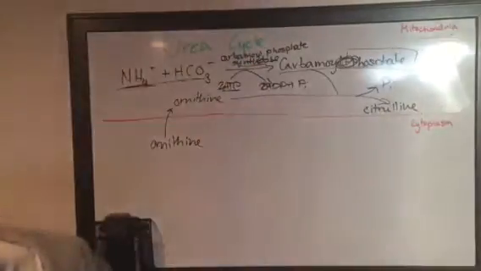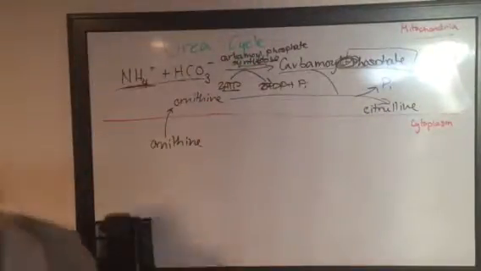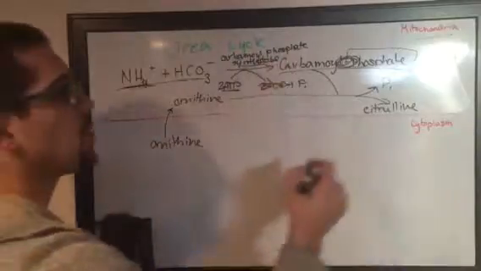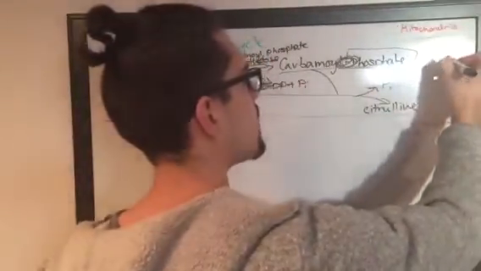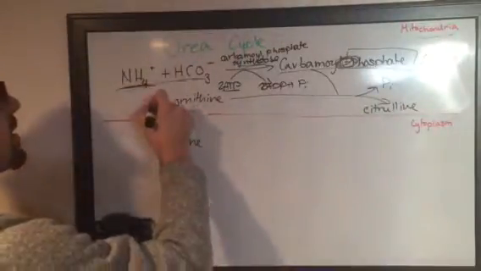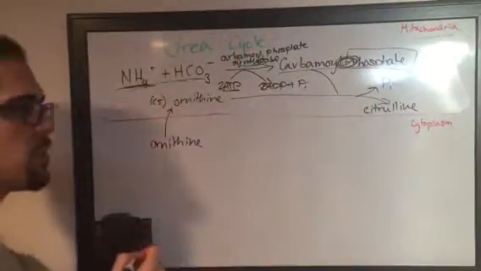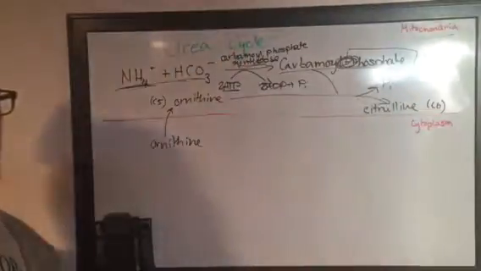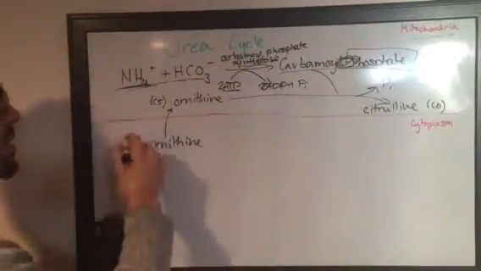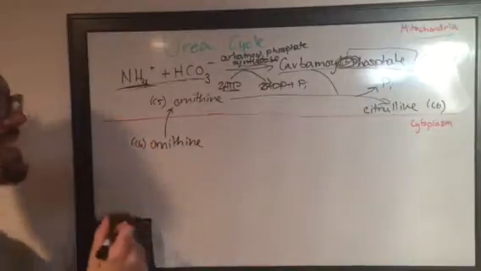Now really quickly, let's talk numbers of carbons for a second. Carbamoyl phosphate is a C1N1 molecule. Ornithine is a C5 molecule, and citrulline is a C6 molecule. You're always starting with C5, you're always moving to C6.